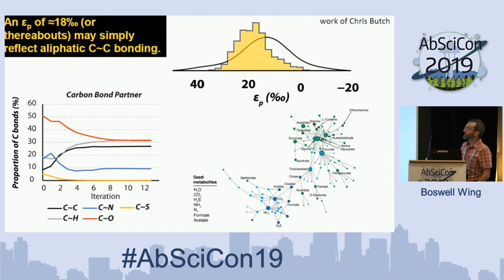And though they're not exactly the same, there may be some kinetic effects here and less equilibrium effects here. One thing that's very clear is that an epsilon primary productivity of around 18 per mil or 20 per mil, something that would have been in the past associated with, say, carbon fixation by the Calvin cycle, may simply reflect the development in these networks of aliphatic carbon-carbon bonding.